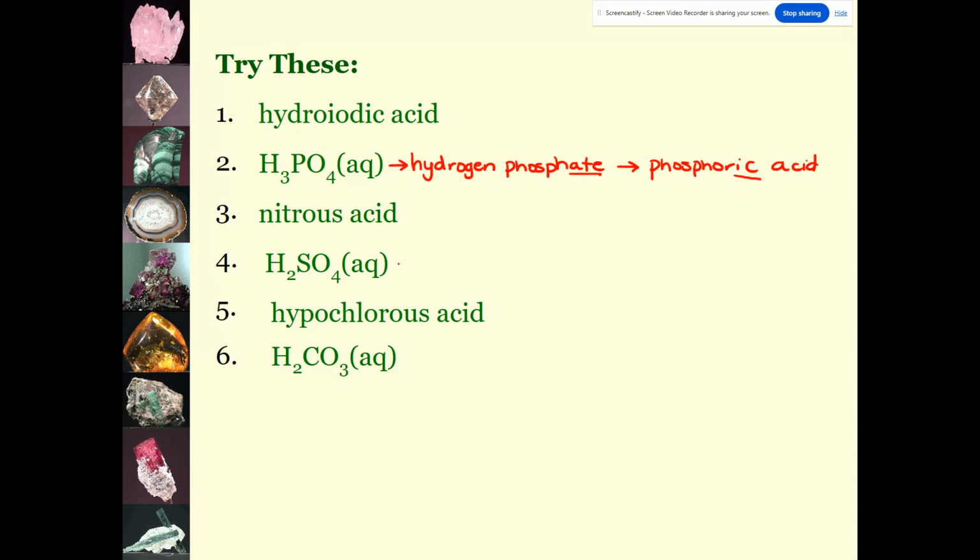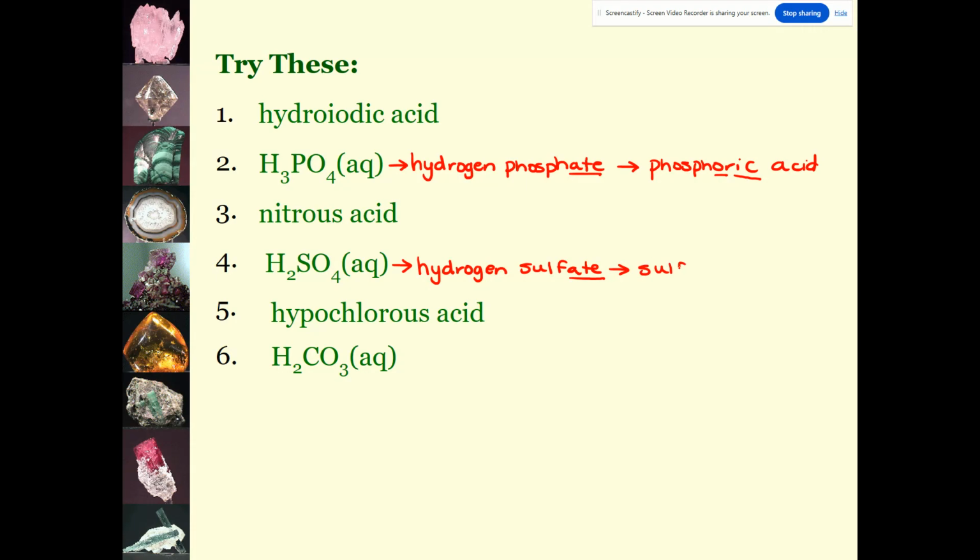Okay, the next one is hydrogen sulfate. I have another ate ending, so I'm following again that same rule. Notice how an OR is brought back into the name. It's not phosphic, it's phosphoric. Same with sulfur.